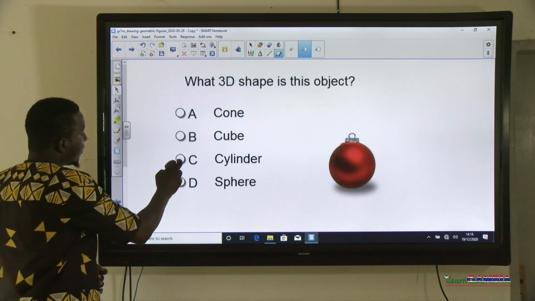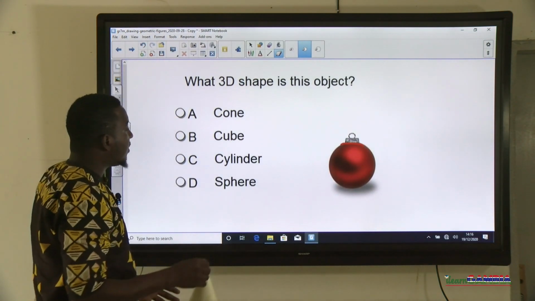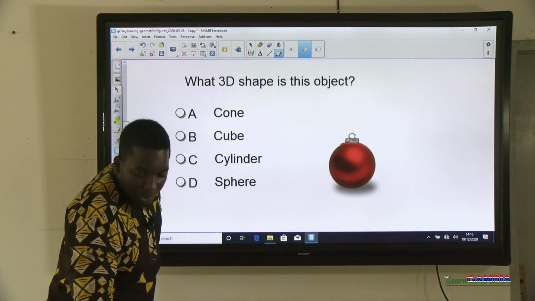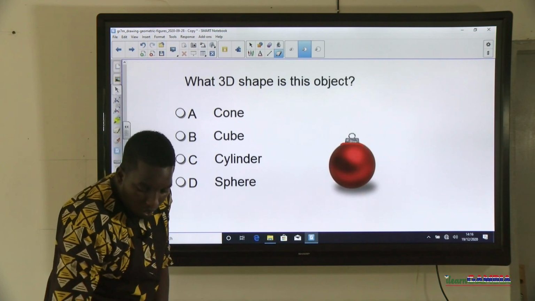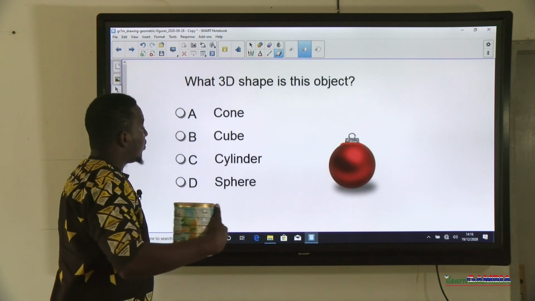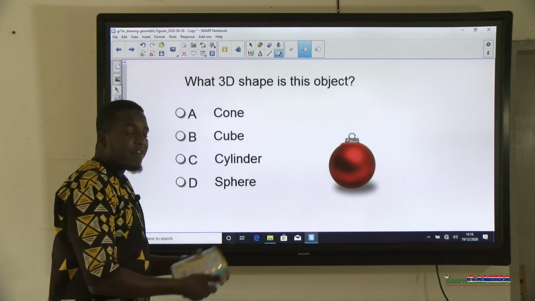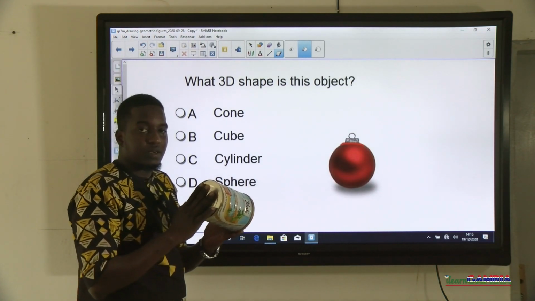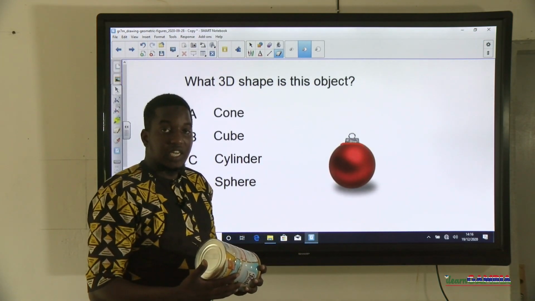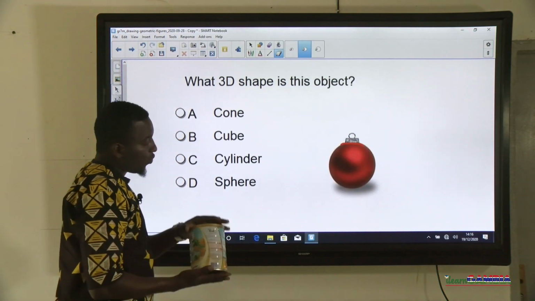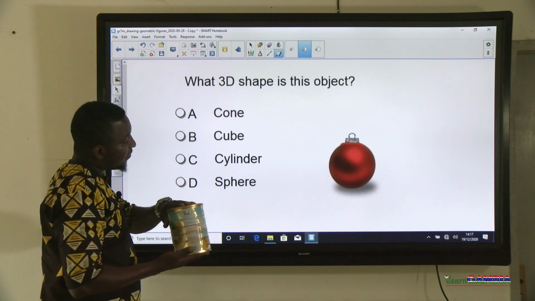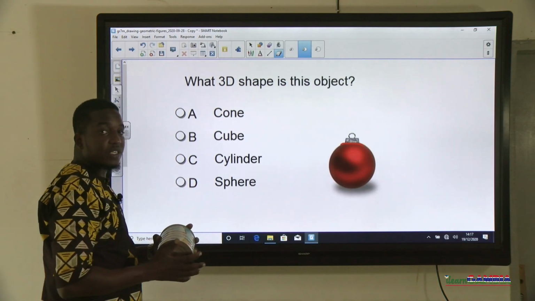Then we look at the third option, which is option C, and option C says the object is a cylinder. Now let's see if the object is a cylinder. What do we know about cylinders? We said cylinders are solid shapes that have 2 flat faces and 1 curved surface.